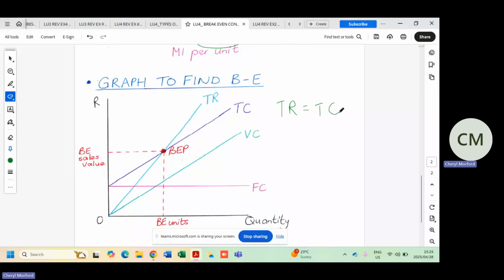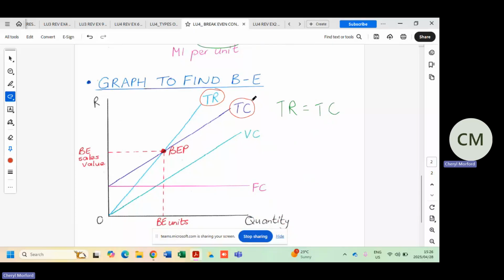So I will leave it to you to be able to understand the shapes of these lines. Notice here that they are all straight. Therefore, we assume a linear relationship between costs and units. The two important ones that we are looking at, total revenue, the turquoise line, and then the blue line, total cost.